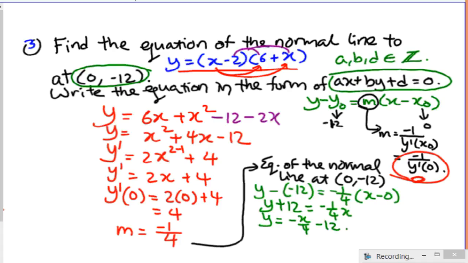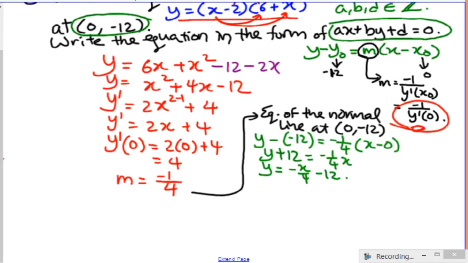So what I'm going to do is to multiply everything by 4. So it's 4y, 4 times -x over 4 minus 12. So this is 4y equal to -x minus 4 times 12 is 48.